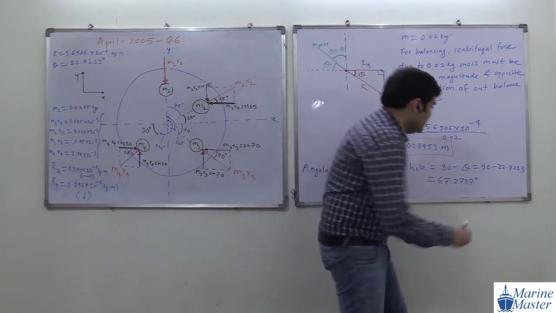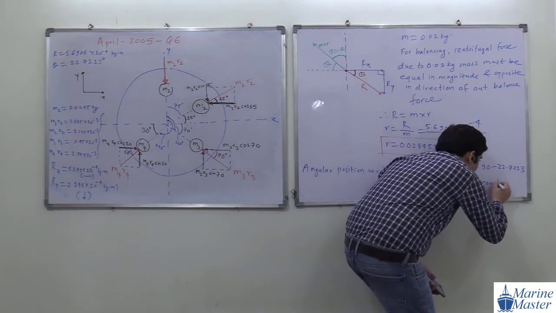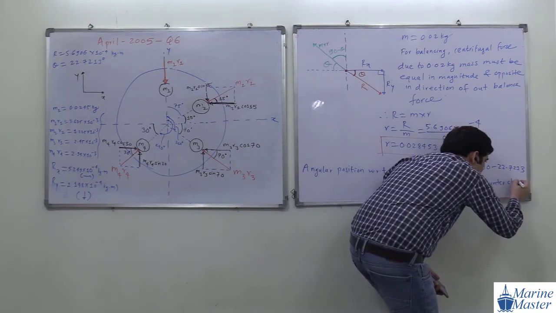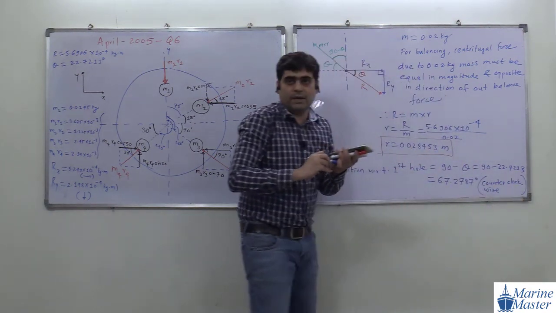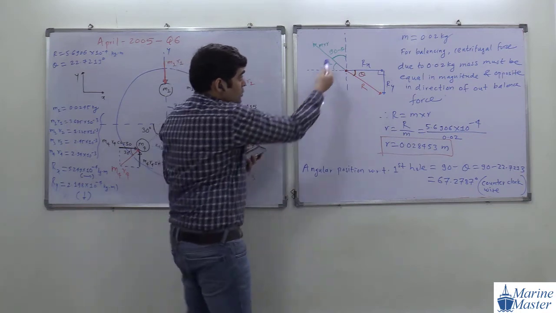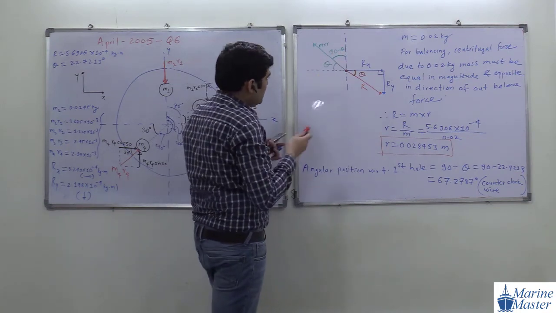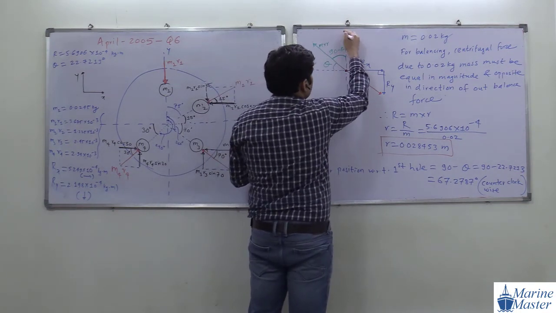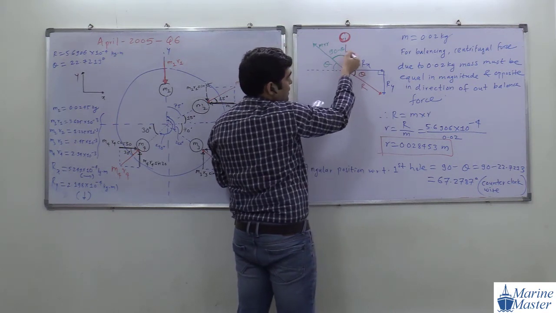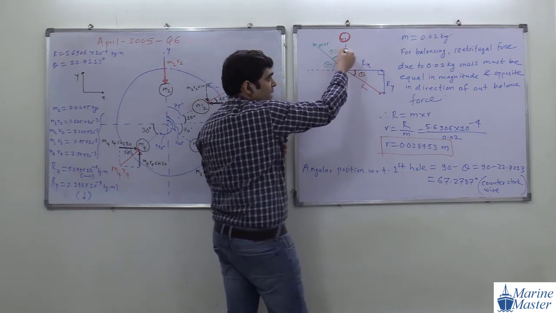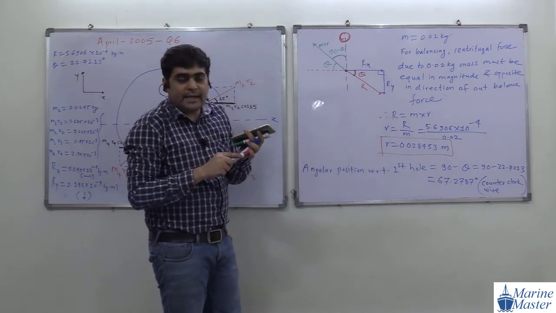And in which direction? Counterclockwise. This sentence is very, very important. Here there will be the first hole, and with respect to the first hole, this is our first hole. So 90 minus theta. Okay, everyone getting my point?